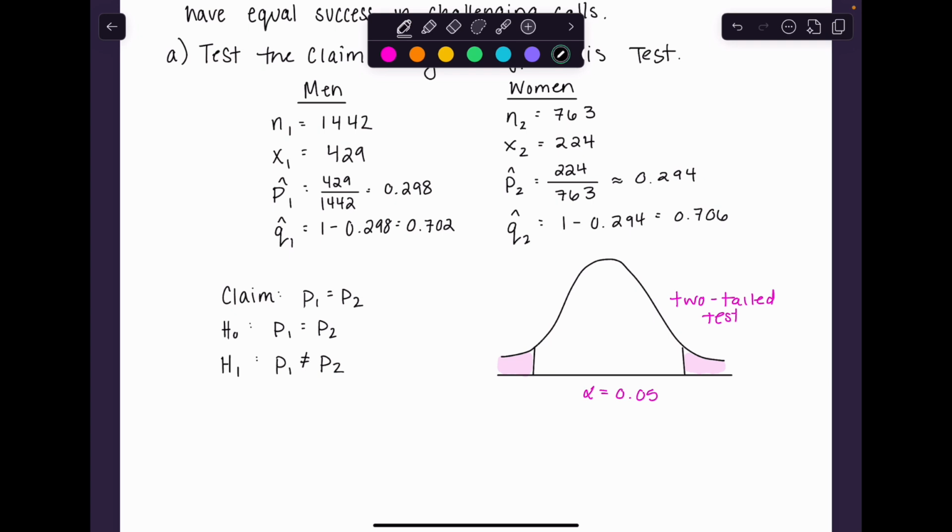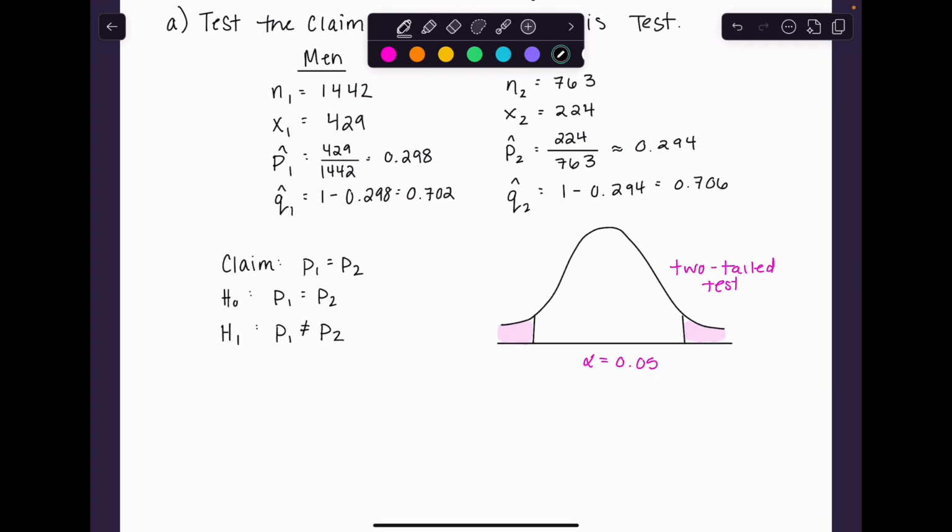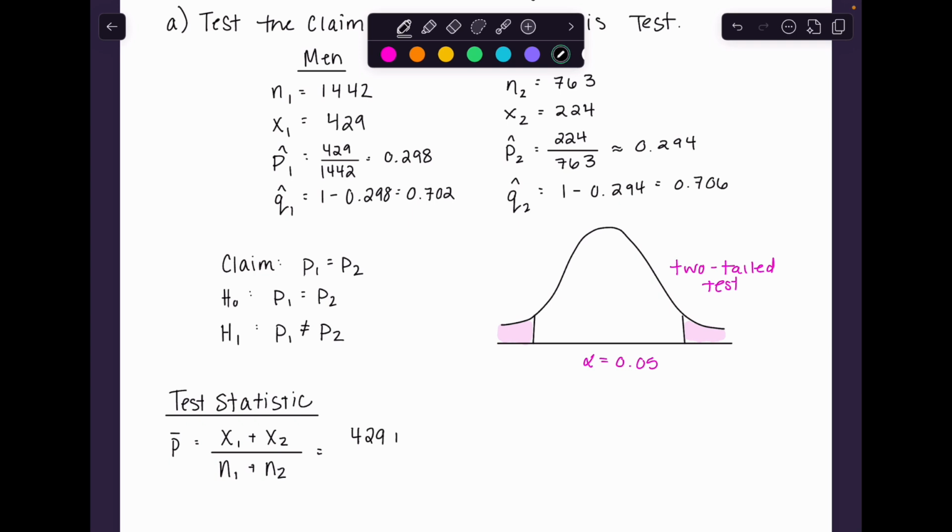So we need to find our test statistic first, whether we do p-value or whether we do a critical value. So let's go ahead and find that. So if I find my pooled sample, I need to add the number of successes together and divide by the total of the two samples. So the number of successes is 429 and 224 out of a sum of 1,442 and 763 challenges.